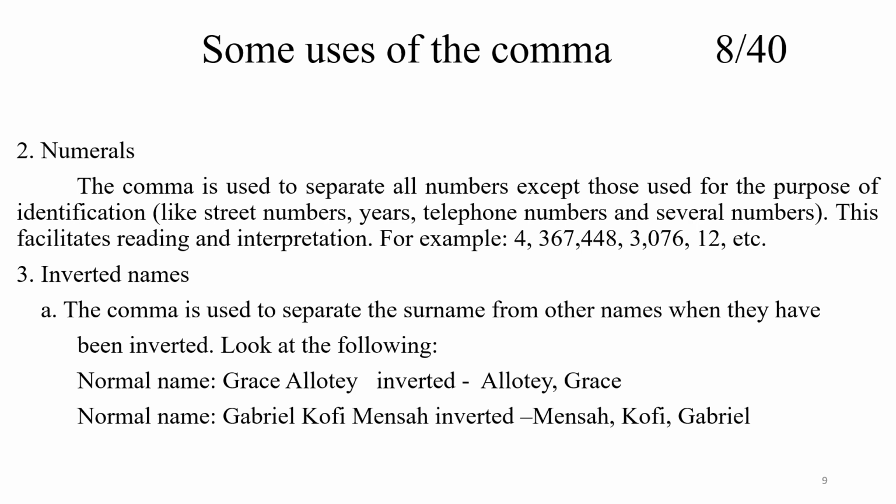Then we can also think about using the comma to separate numbers, or let me say figures. Those in accounting will prefer using the figures, except those used for the purpose of identification, like street numbers.